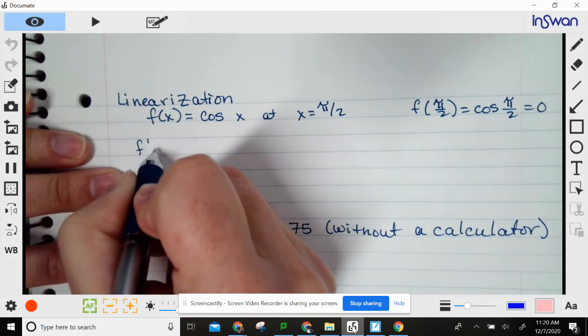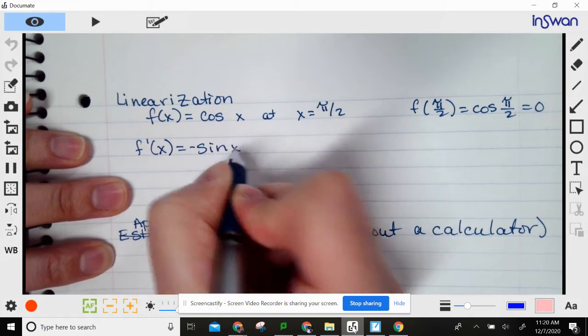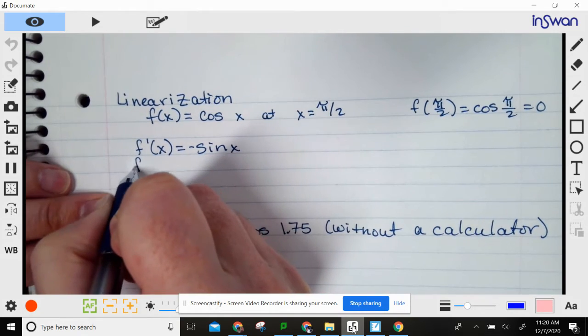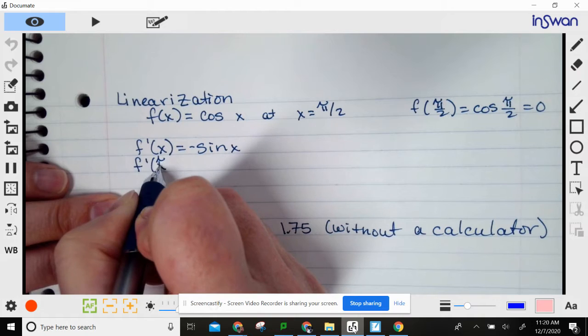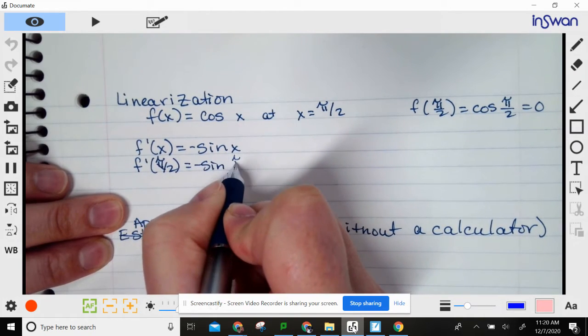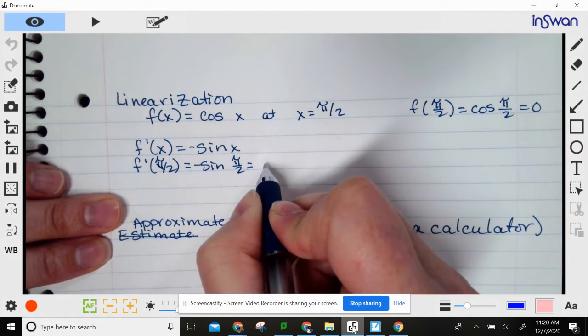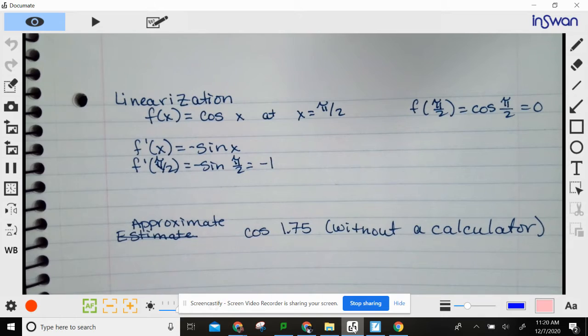We also need to find the derivative, which we get negative sine of x. And we need to evaluate the derivative at pi over 2. So at the top of the unit circle, we get positive 1, but because the sine is negative, this should be a negative 1.